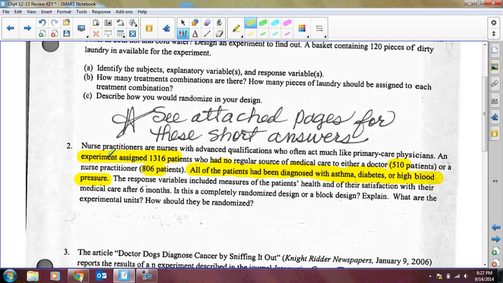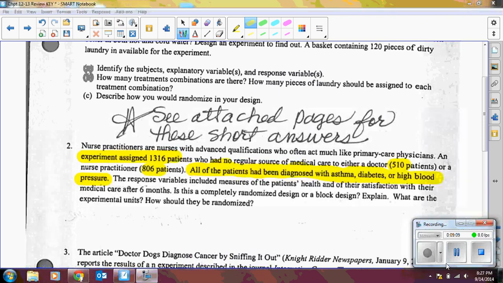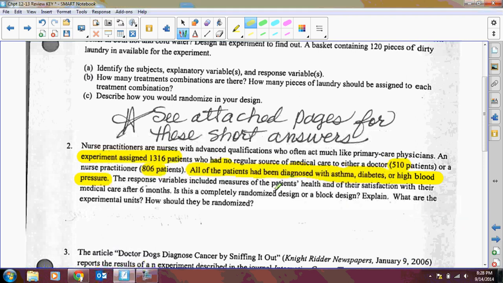So they did not say that they first divided the patients into those groups. They say that first they go ahead and just, it looks like they randomly assigned them to the treatment groups first. Okay, so because of that, I had to go with completely randomized.